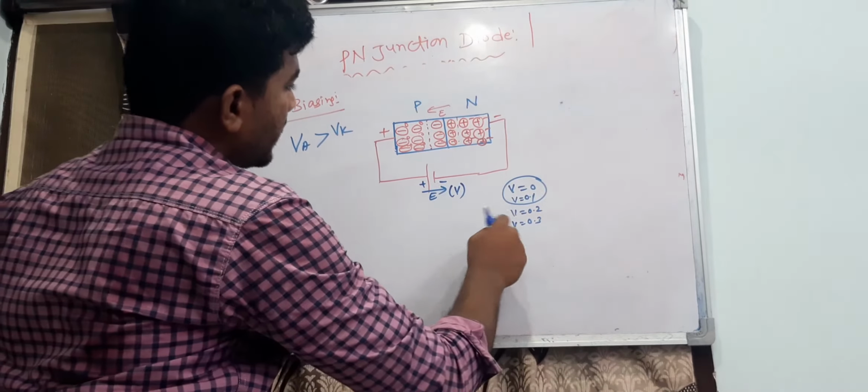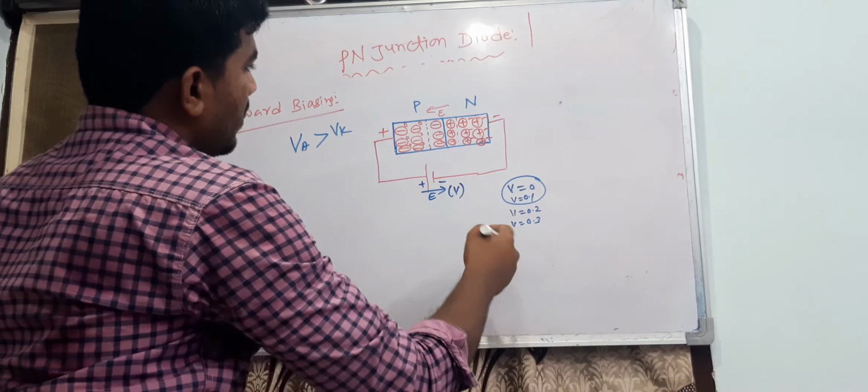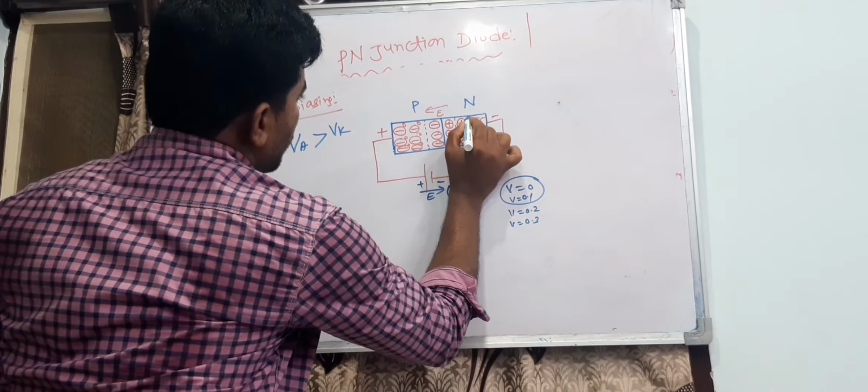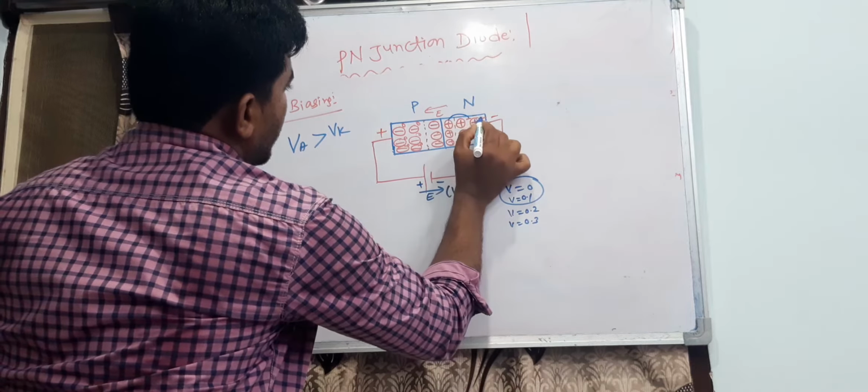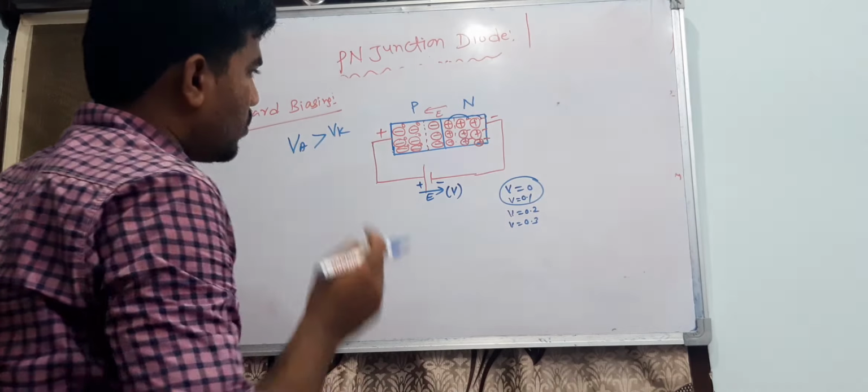Due to this force, when I increase the voltage, this force increases. What happens? These electrons will jump from here to here, and here to here, and here to here. Like this, the process is going on.